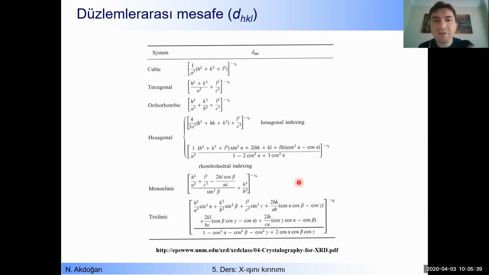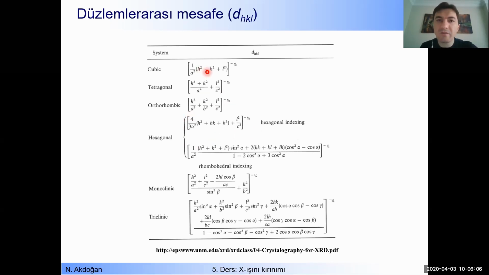So what about d_hkl, the interplanar distance? This interplanar distance can be calculated for cubic, tetragonal, orthorhombic, hexagonal, and other crystal structures, okay? We mostly use cubic and tetragonal. Hexagonal is also used, okay?